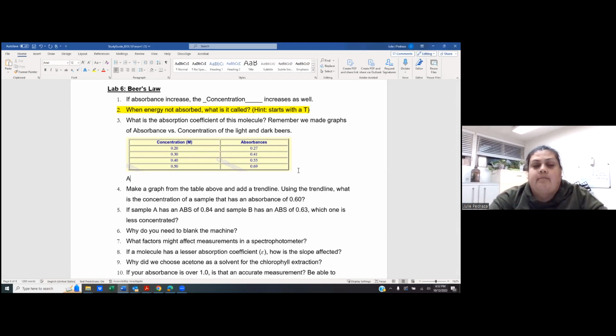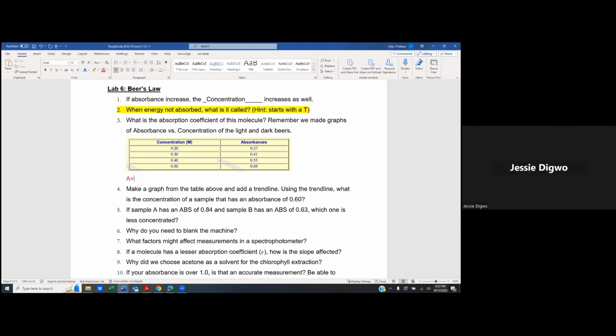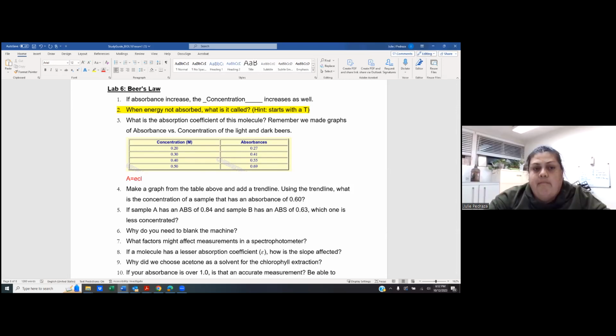L times M. The ECL. Oh, yeah. Remember, we're now in Beer's law. We're not in water potential. You guys got to remember to keep them separate because we do things different. So it's saying, what is the absorbance coefficient of this molecule?